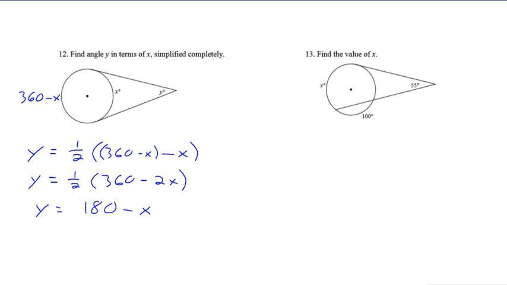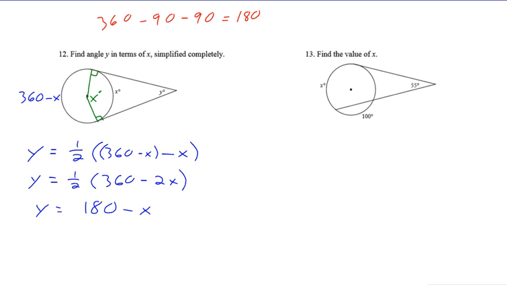Another way we could look at this problem is if we drew the radii to the tangent lines, which will make right angles, this arc, x, is equal to this angle, x. Since we know that angles inside of a quadrilateral have to equal 360 degrees, we can take out the 90 degrees, and we're left with 180 degrees.